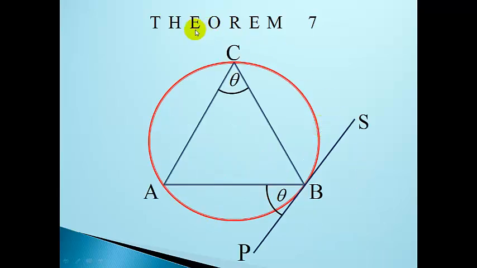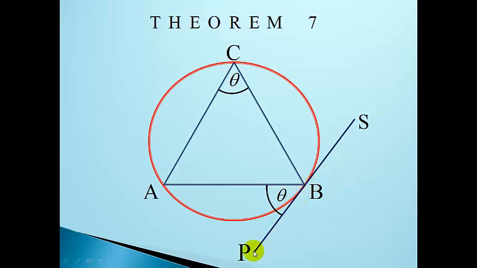Now let's look at theorem 7. ABC is a triangle. Line PBS is a straight line. So line PBS is a tangent, and the tangent is a line that touches the circumference of the circle at a point.